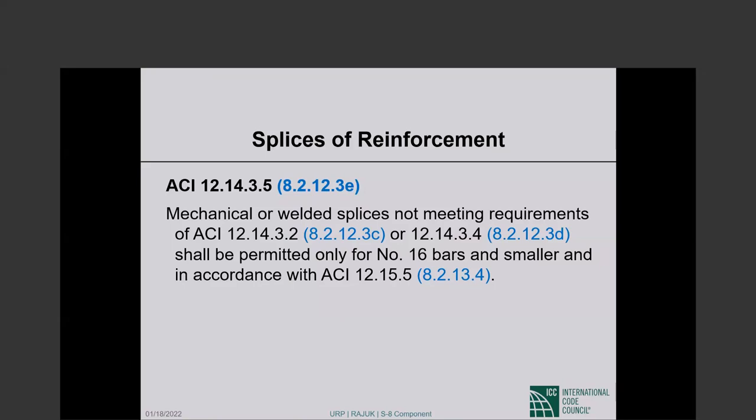You are looking at it because you are still on ACI 318-08, so I need to tell you that it is in there. However, these things probably should be discouraged. If you are going for mechanical or welded splices, use full mechanical or welded splices. This less than full on the thinner bars, I think, makes limited sense and complicates things.